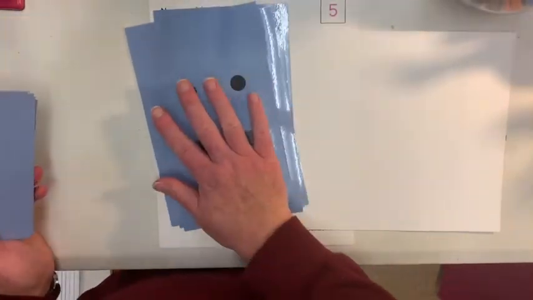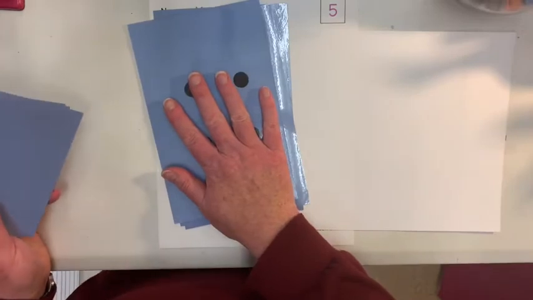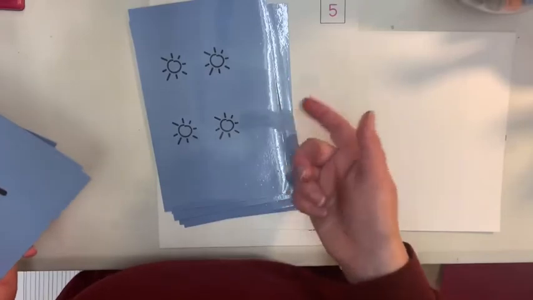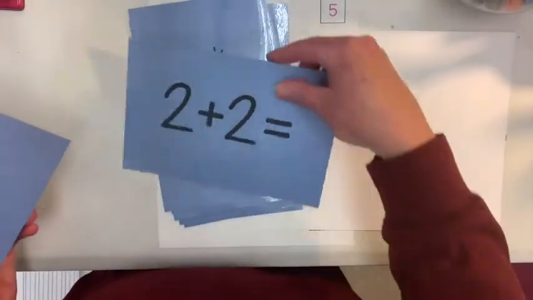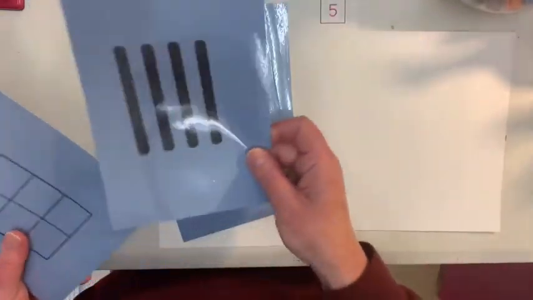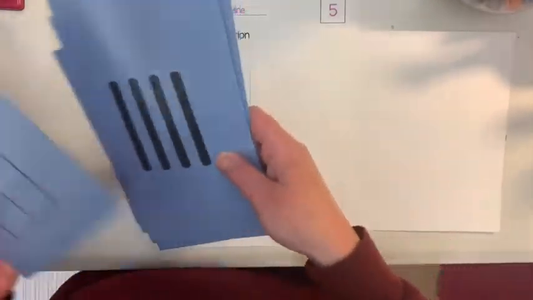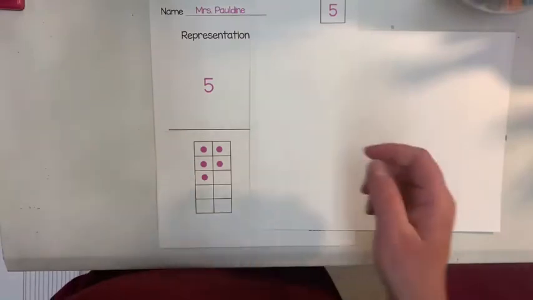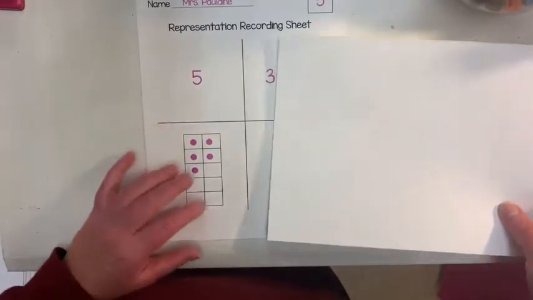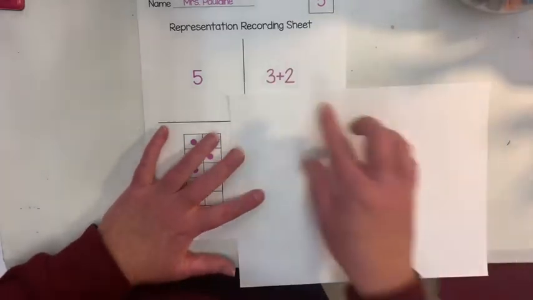We could do a dot pattern. That's objects, which is kind of like the dot pattern. We could show it with problem. We could do tally marks. So, let's see, what other way could I do it?